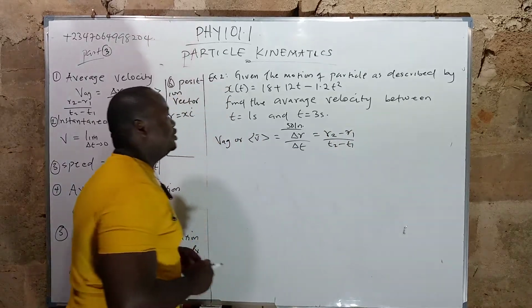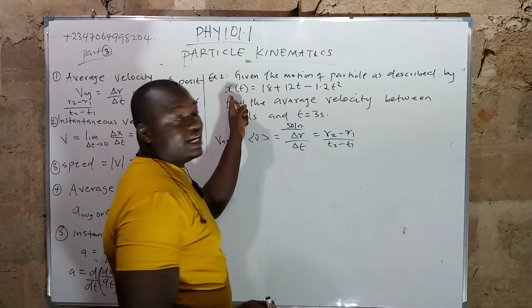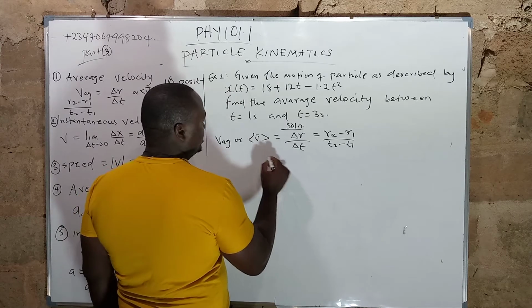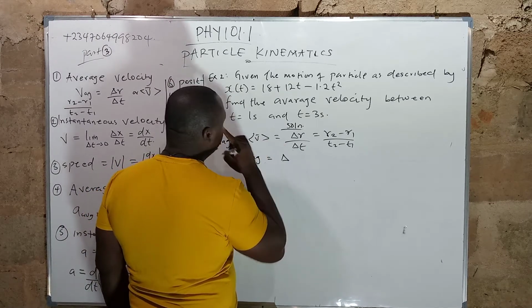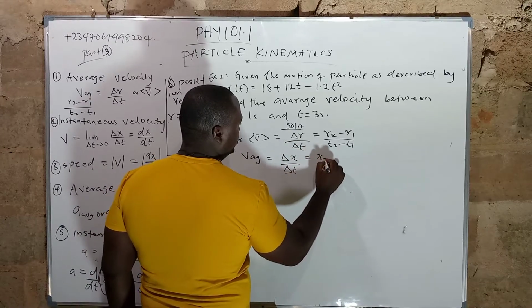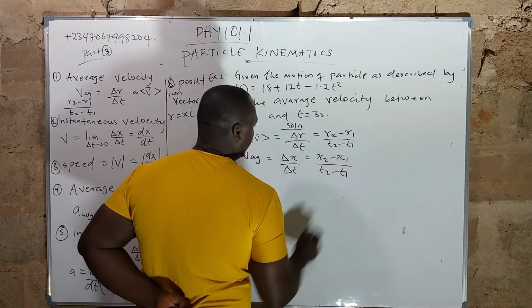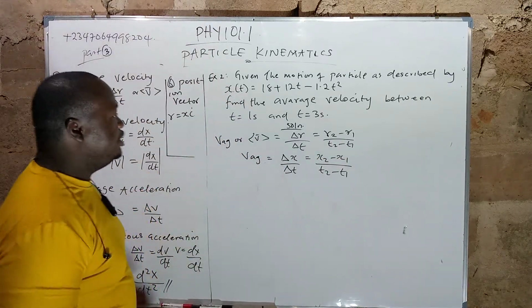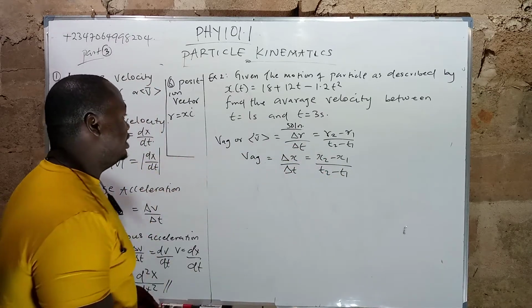You can see from the question they did not give us r. Our displacement, the motion, is x here. So v average equals change in x all over change in t, which equals x2 minus x1 all over t2 minus t1. Now, all I have to do is find this, and the answer will flow naturally.